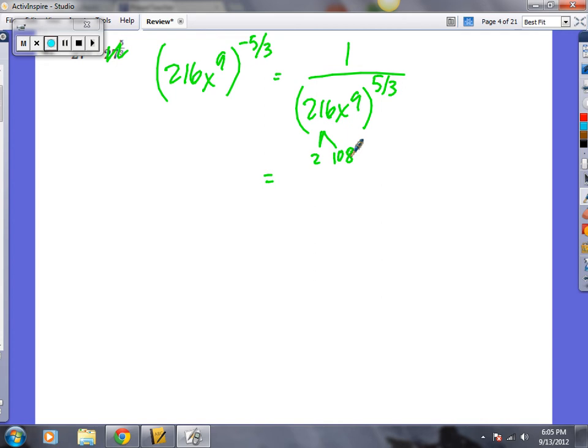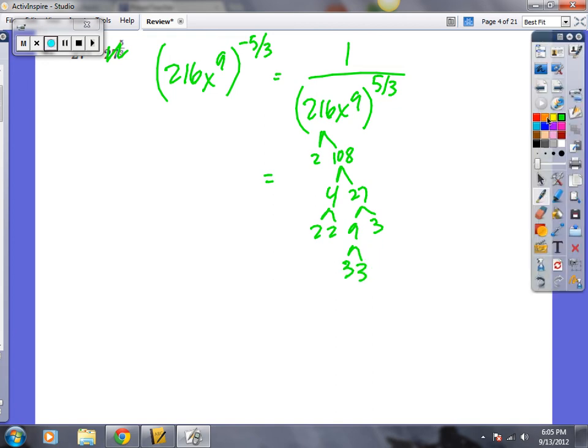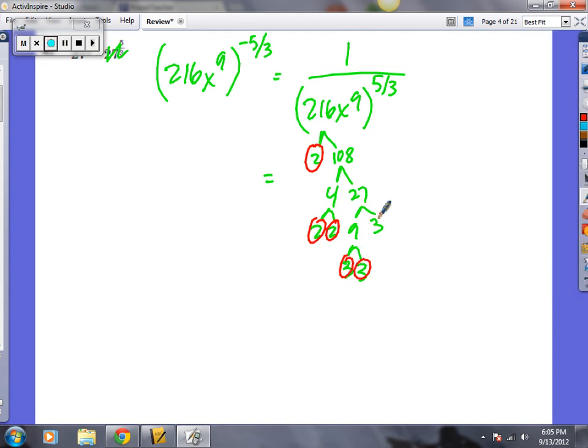But is there something bigger? If we try 4, if we divide it by 4, 4 and 27 is going to be 108. 4 is going to be 2 and 2. 27 is going to be 9 and 3. And then 3 and 3. So I've got 1, 2, 3, 4, 5.